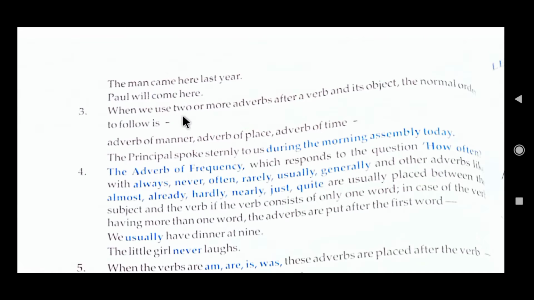When we use two or more adverbs after a verb and its subject, the normal order to follow is adverb of manner, adverb of place, adverb of time. So this is the sequence in which we are going to use them. If we have to use three adverbs in a single sentence, first we write the adverb of manner, then the adverb of place, and then the adverb of time.